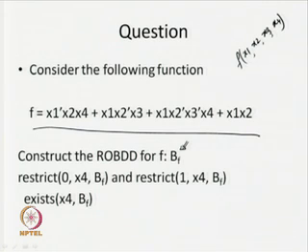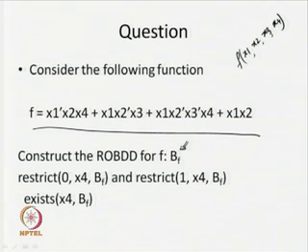Then look for the structure of restrict 0 x4 Bf. That means, we are restricting x4 to be 0, or restrict 1 x4 Bf, where x4 is restricted to be 1, that means you are restricting the function f where x4 is equal to 1.